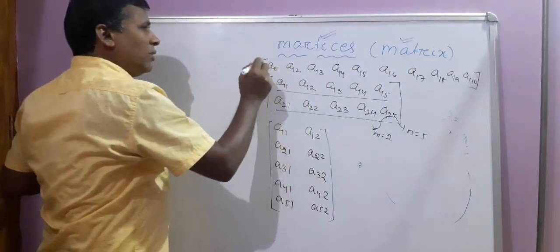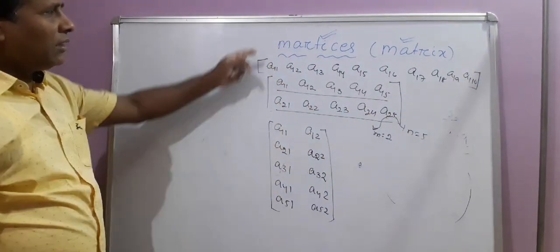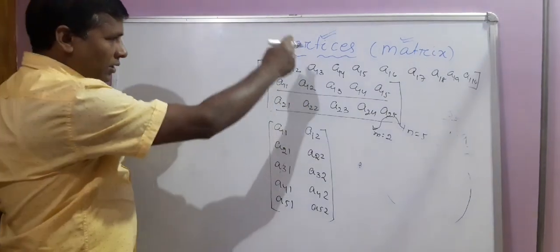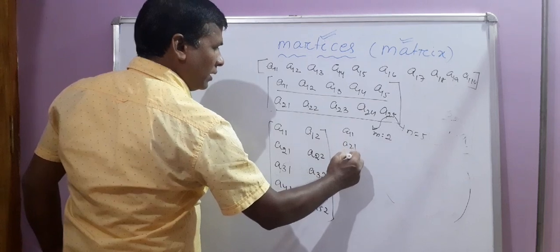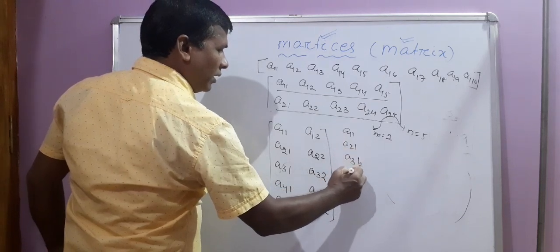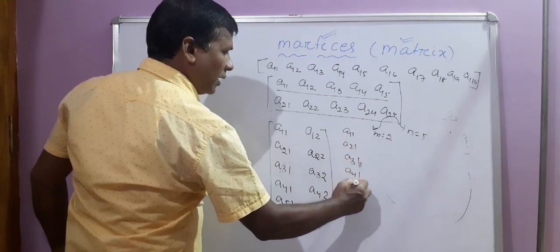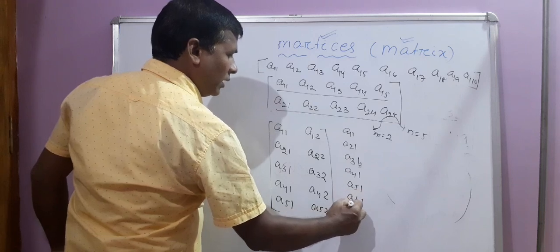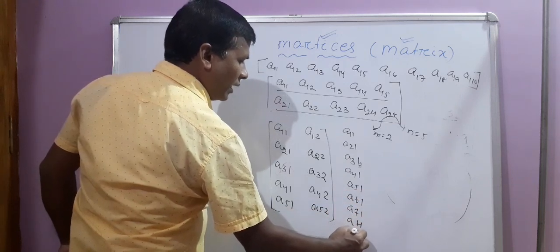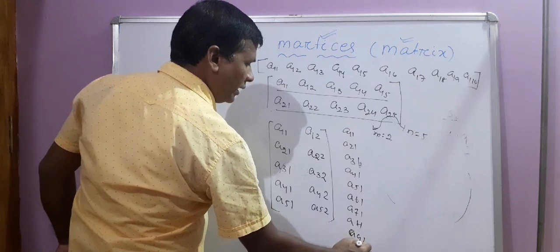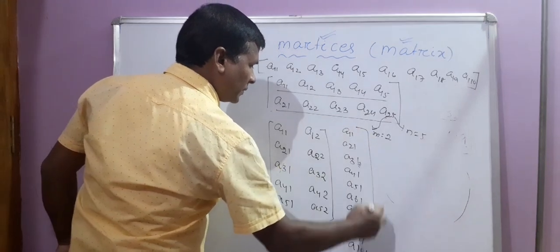This is one kind of arrangement. The reverse kind of arrangement is like this: A11, A21, A31, A41, A51, A61, A71, A81, A91 and also A101.